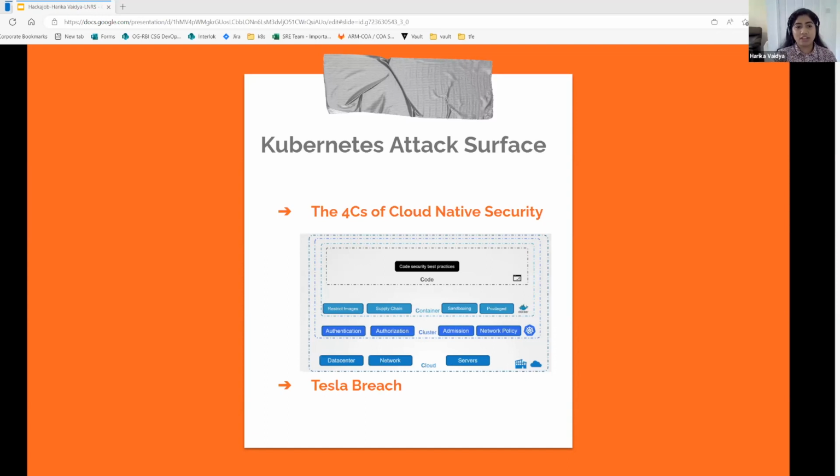Talking about cluster security, the second C, the areas of concern would be securing the cluster components that are configurable and securing the applications which run in the cluster. And talking about the third C, container security, the main areas of concern for containers would be container vulnerability scanning and OS dependency security, image signing and enforcement, and disallowing privileged users.